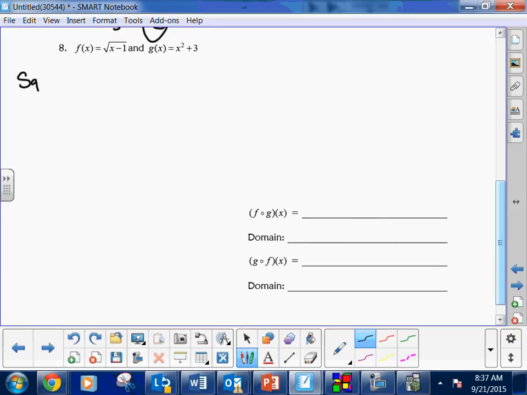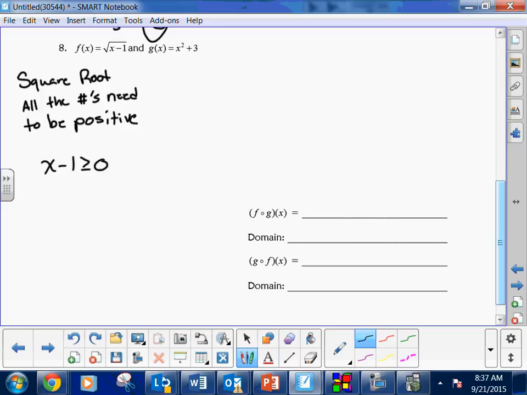When you see a square root, all the numbers need to be positive. Now this is important, because anything that falls inside the radical needs to fall under an inequality stating that it's greater than or equal to 0.